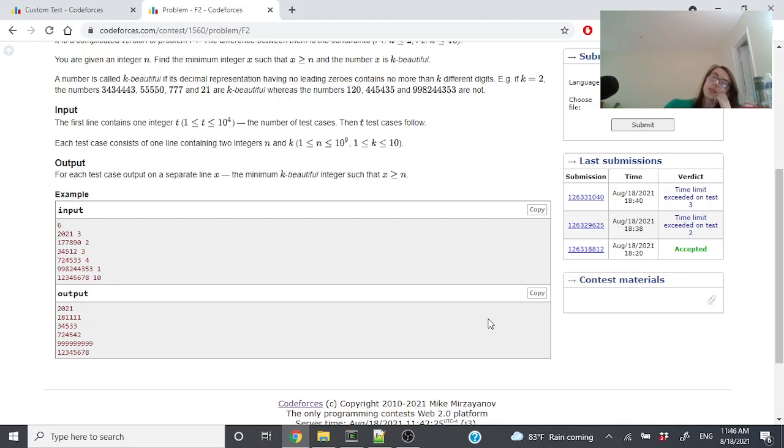Because you want as large of a prefix of the number to be the same as possible, maybe.